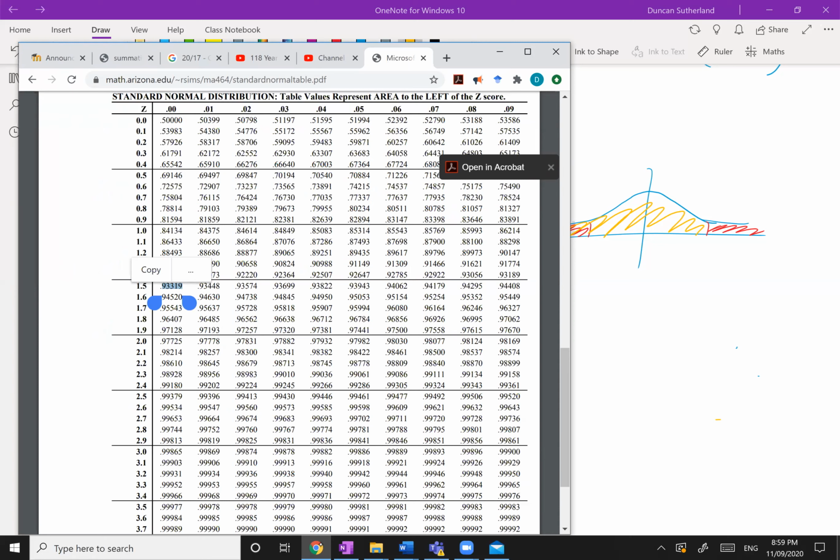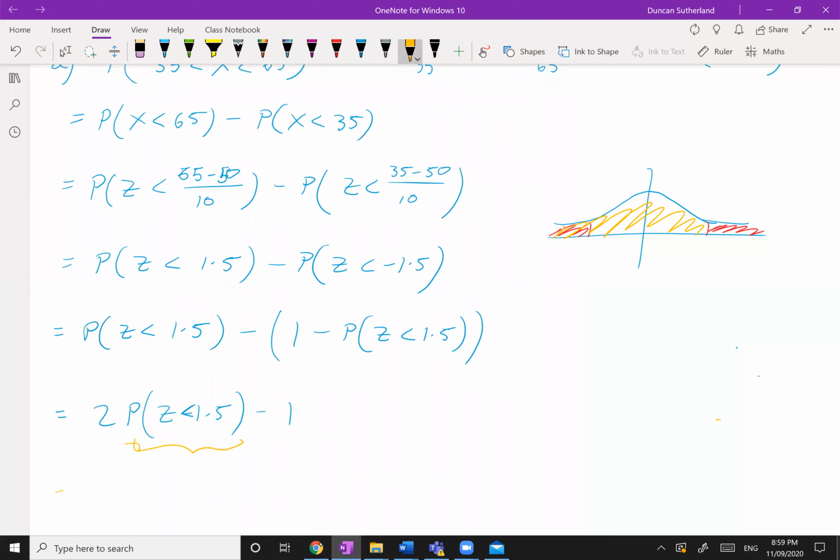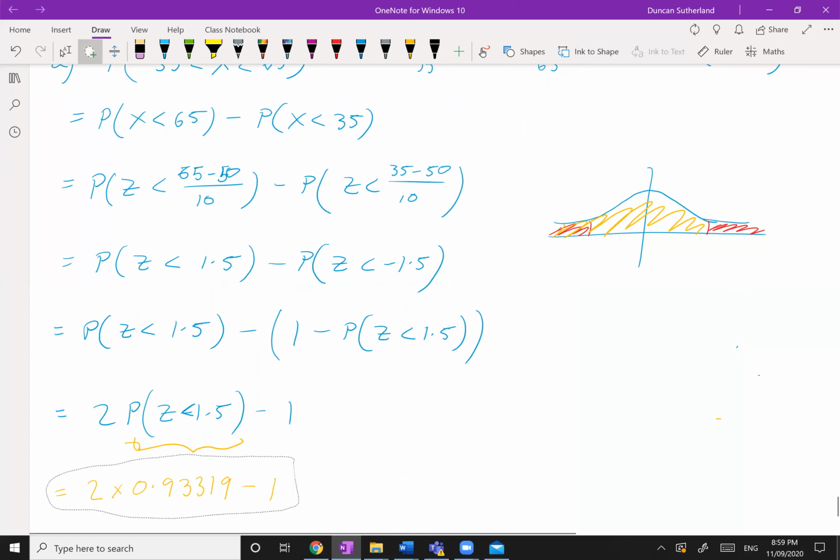That's that quantity there. The probability of being less than that z-score is 0.93319. So it's 2 times 0.93319 minus 1. So now we've got to take this and stick it into our calculator.